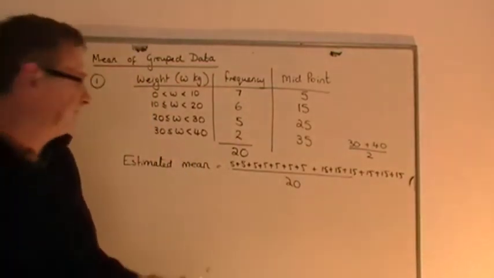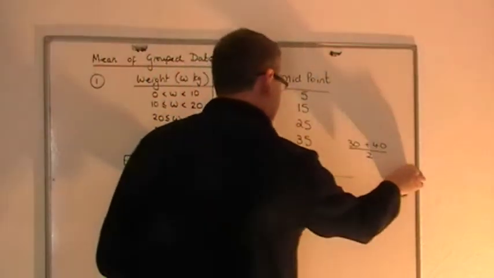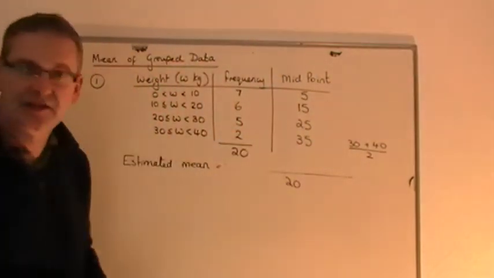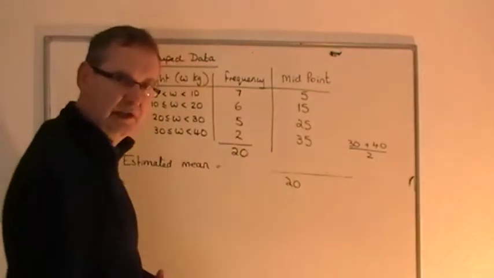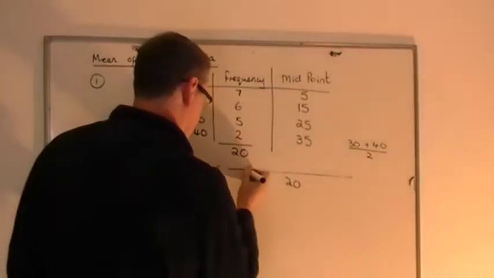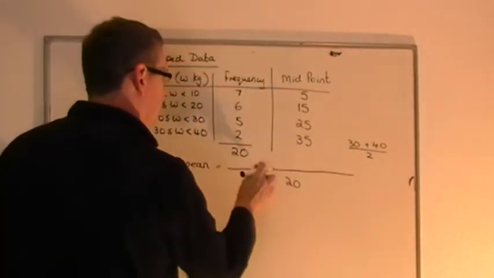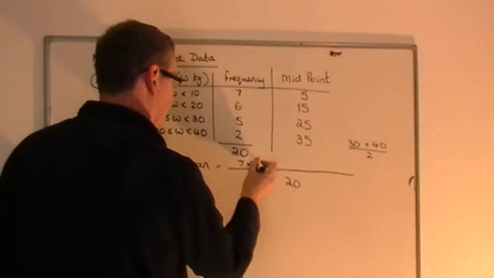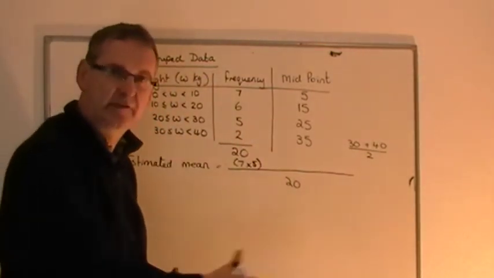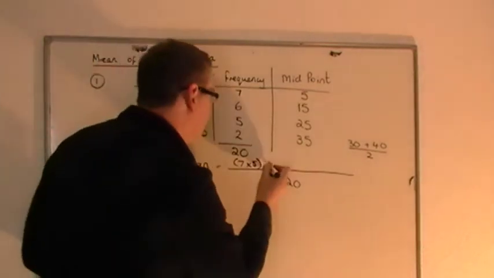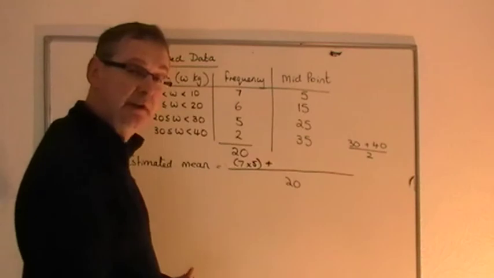So I'm going to get rid of this, and get rid of that, and do things in a much more sensible way. If you've got 7 items and they're about 5 kilograms each, the quickest way to add up the weights of those 7 items would simply be to say we've got 7 lots of 5 kilograms and put it in a bracket like that. Plus we've got 6 items and they're about 15 kilograms each.